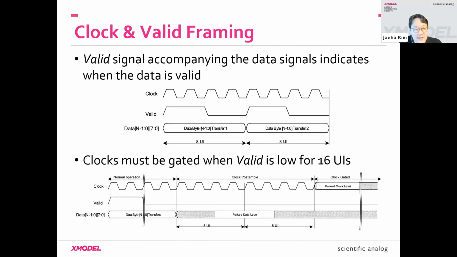Now, I actually mentioned the word data valid clock without really explaining it, and this is my chance of doing it here. As I said earlier, in UCIe, data is transmitted in units of frames.